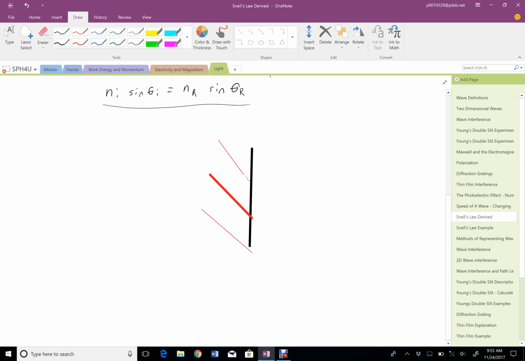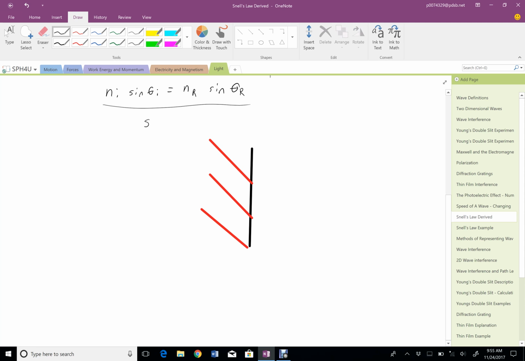I'm trying to draw all these as parallel as I can here. So those are my wave fronts coming in.